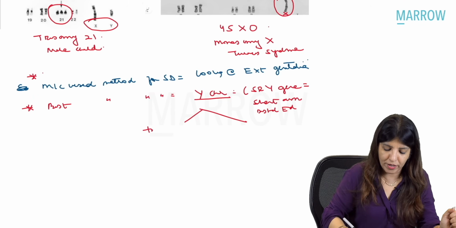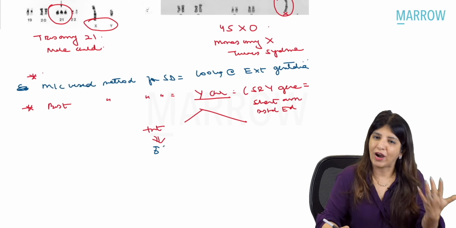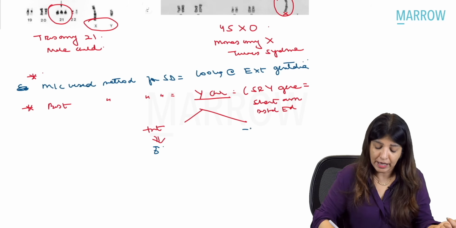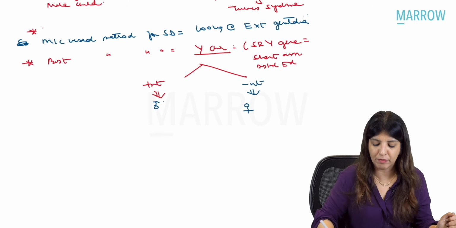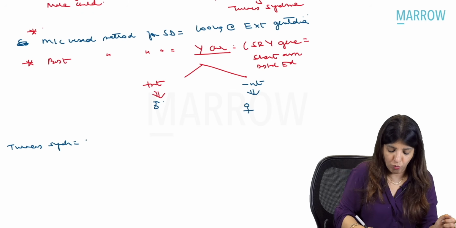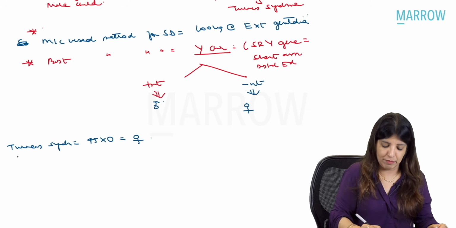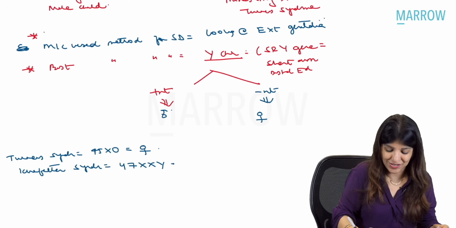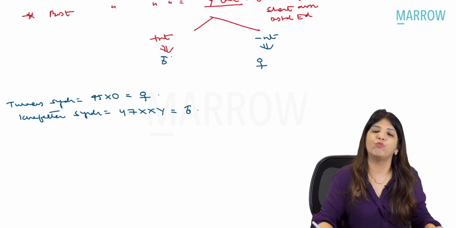If the Y chromosome is present, the SRY gene will be present, which means the baby is going to be male. If the Y chromosome is absent, the SRY gene will be absent and the baby will be female. So in Turner's syndrome, which is 45XO, karyotypically they are female babies, whereas Klinefelter's syndrome, which is 47XXY, is a male baby, right? Because they have a Y chromosome.